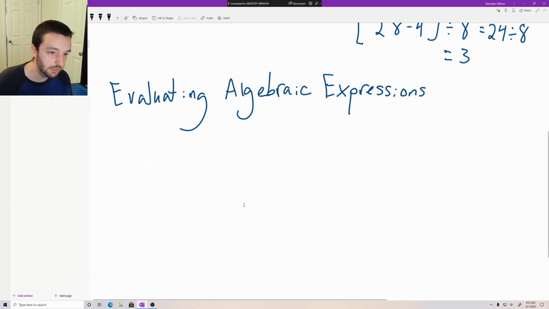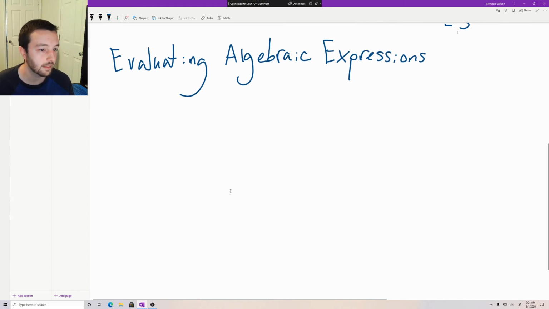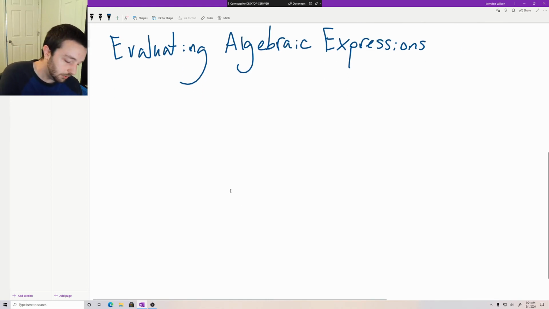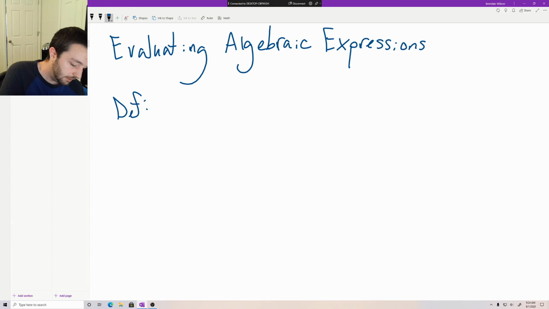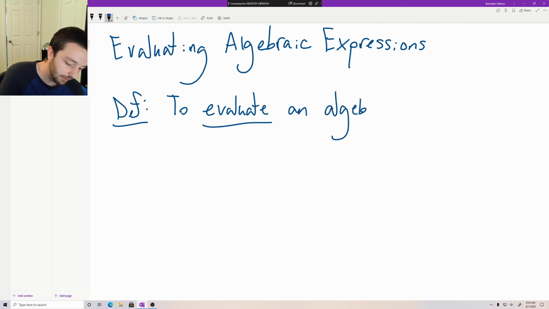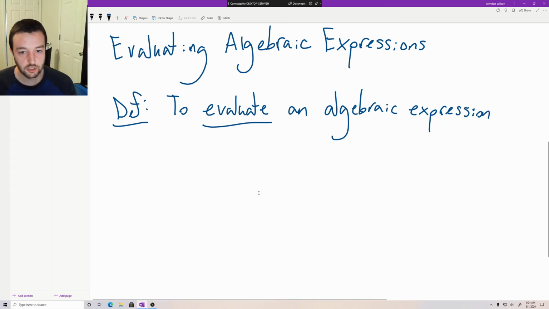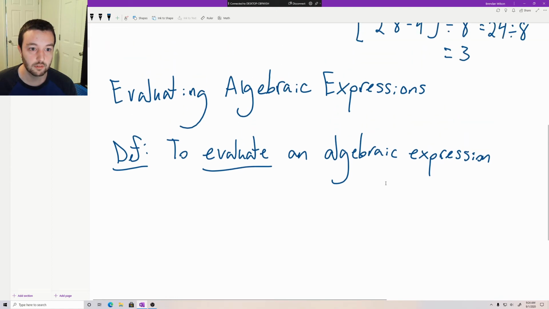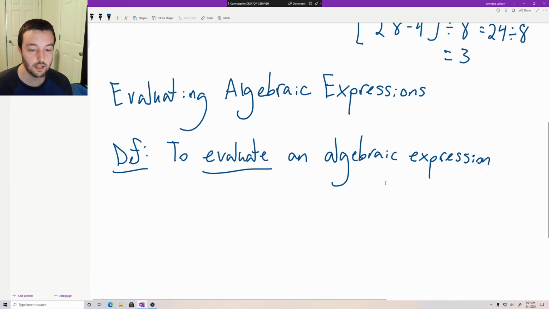So let's talk about evaluating algebraic expressions now. A definition here: to evaluate an algebraic expression. First of all, remember what an expression is. An expression is just a collection of terms put together by addition or subtraction.